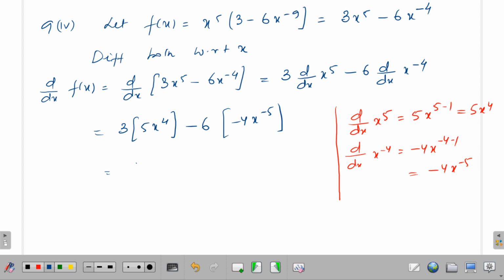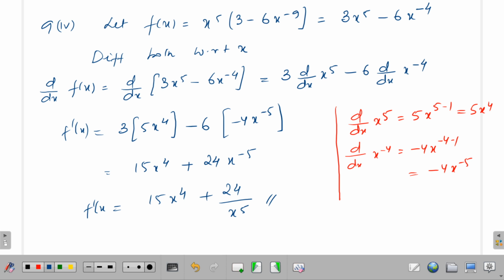So 3 5s are 15, I'll get x to the power 4, and 6 4s are 24, minus minus plus, I'll get x to the power minus 5. Which is 15x to the power 4 plus 24 divided by x to the power 5. So that's the answer of your f dash x, which is your derivative.